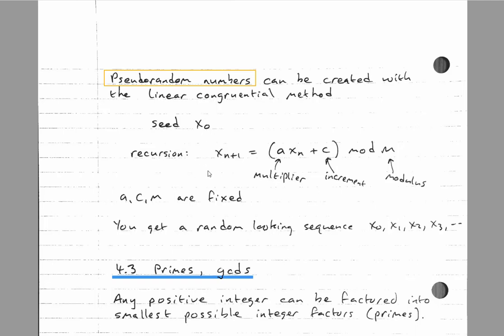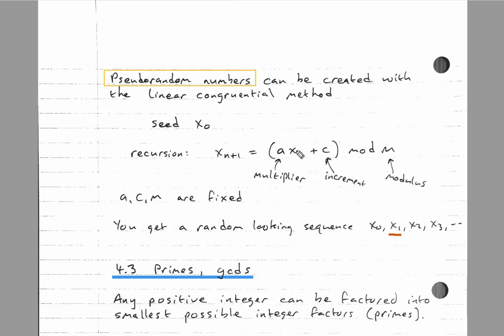And it works recursively, so to find the next number, x sub 1, you put it into the formula. So you put x sub 0 into the formula to get x sub 1. So multiply the seed by A, add on C, and then work that out mod M, so that's the remainder when you divide by M. It gives you x sub 1.